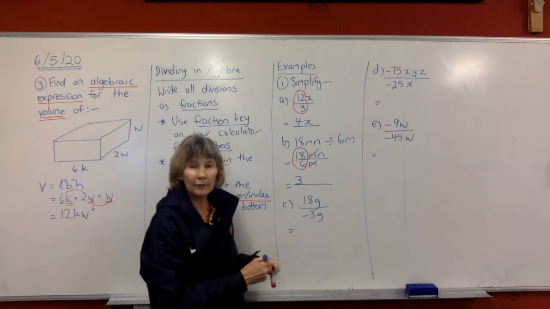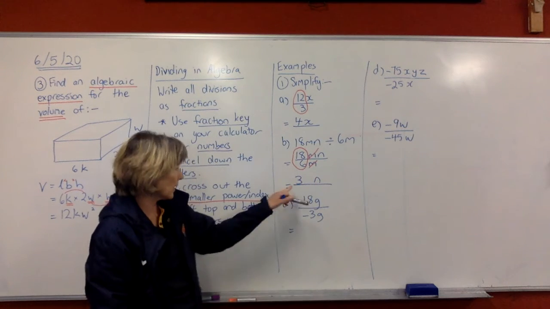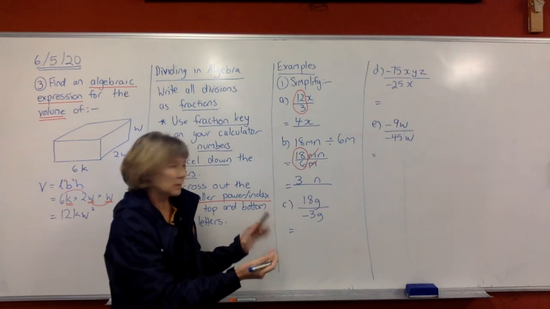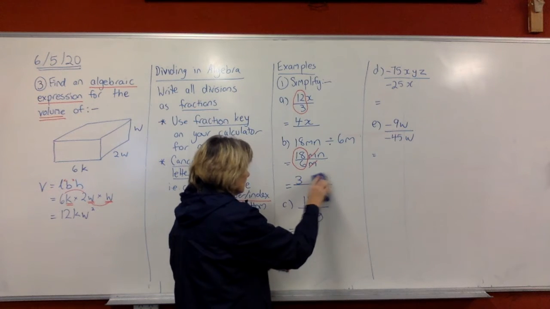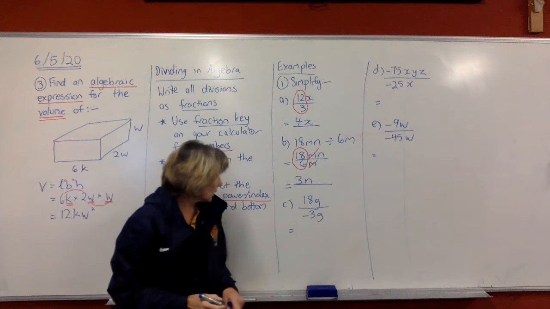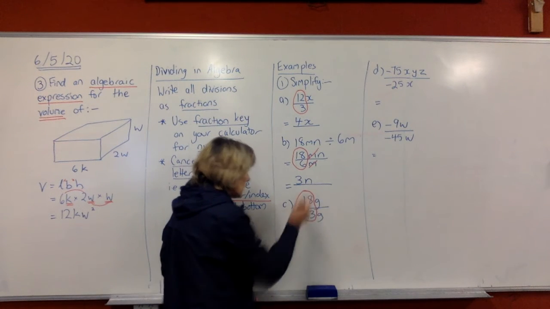There's still an N left there, and it's on the top, so we write that on the top. So our answer is 3N. You don't really need a gap in there, so we might just slide it over a little bit. The answer is 3N.